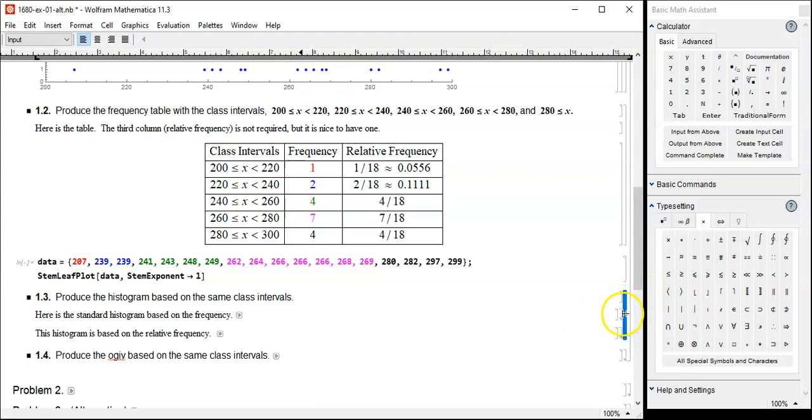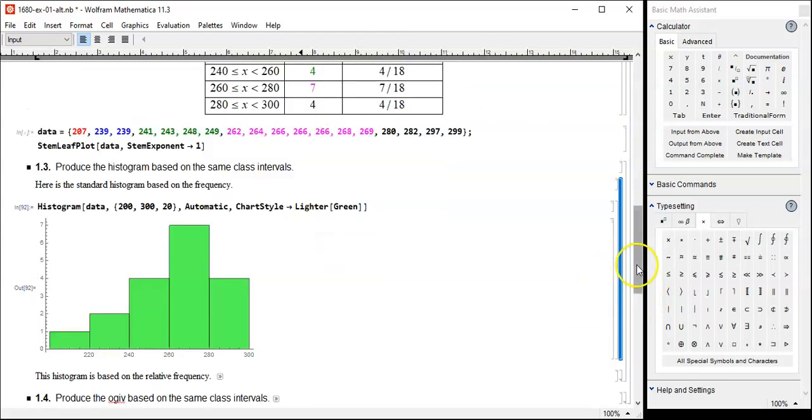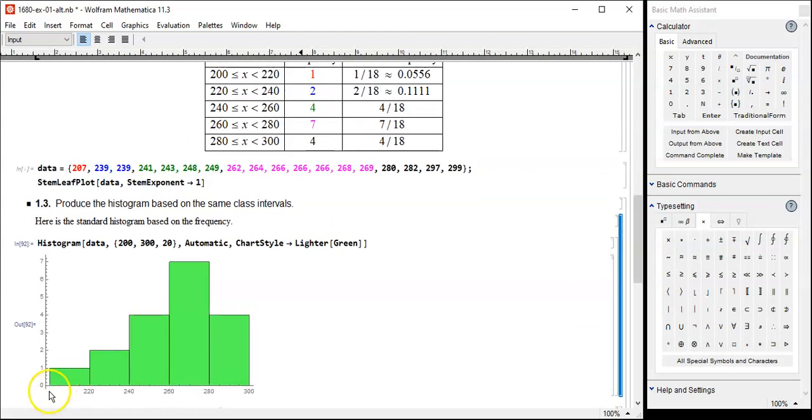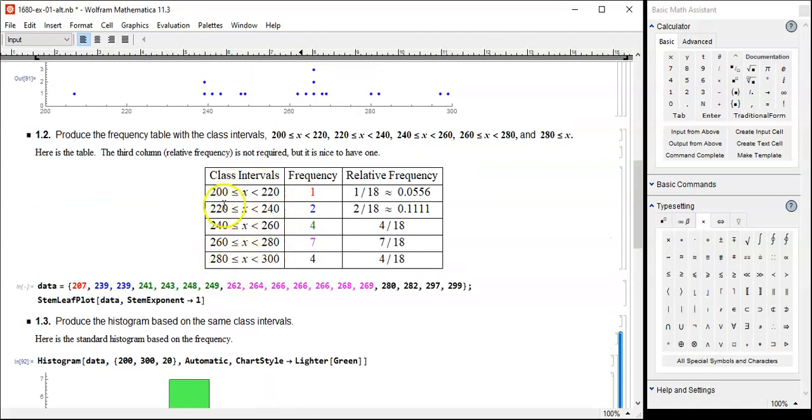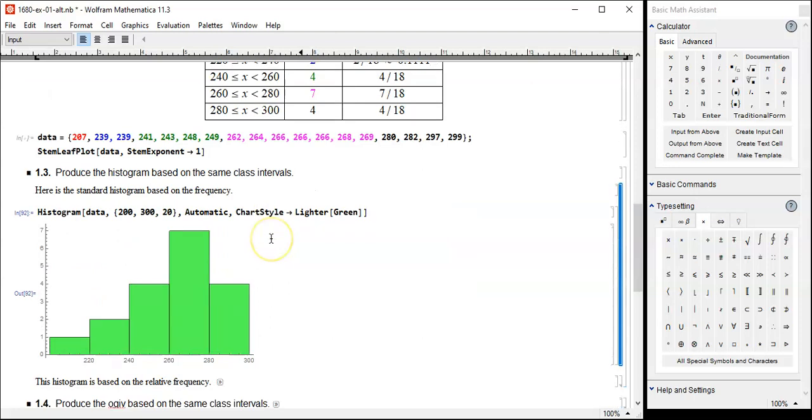And the picture looks kind of like this. It's not a bar graph, it's a histogram. And what are the characteristics? On the horizontal, we have class intervals. Class interval, all these numbers, 200, 220, 240, 260, 280. Do you see these? Those are starting and then ending at 220, 240, and so on.